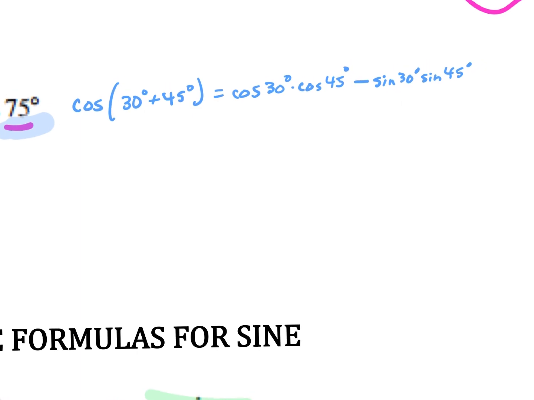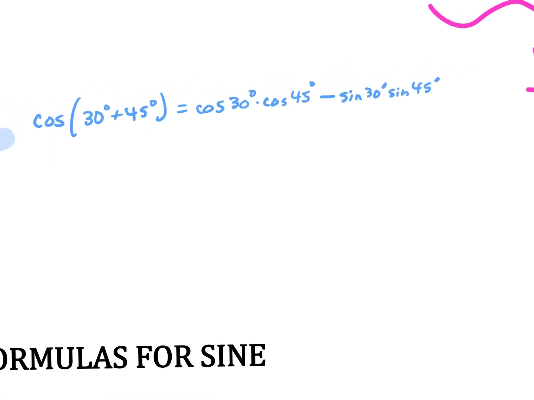All right, I'm zoomed way in here. So now we need to come up with what the values are for each of those things. The cosine of 30 degrees, David, what does that give us? What's cosine again, X or Y? X. Cosine of 30 is root 3 over 2. Root 3 over 2 times the cosine of 45 degrees, William? Cosine of 45, root 2 over 2.